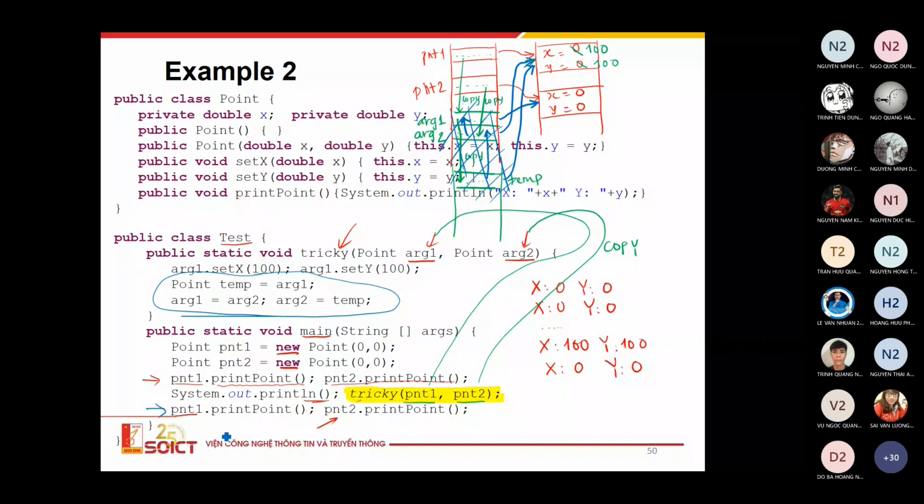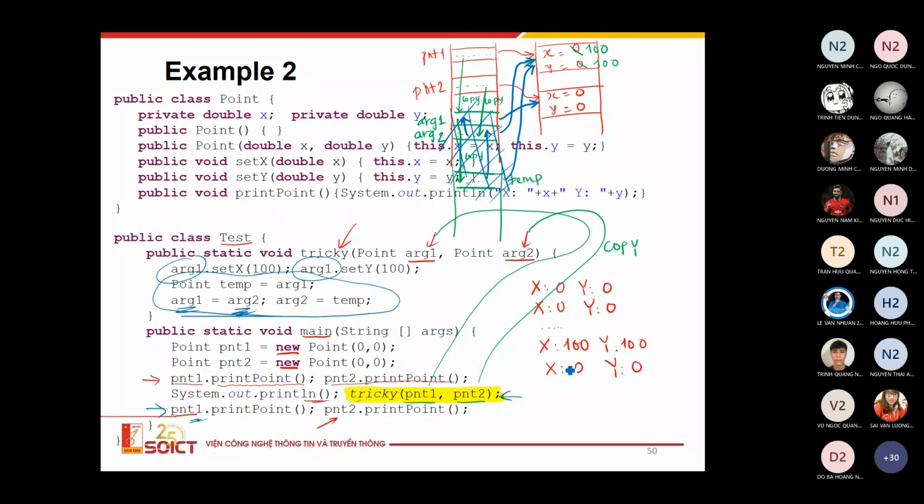Thế nhưng tại sao đến khi thoát khỏi cái phương thức này ra ngoài, tôi lại thấy rằng tôi cũng chả đổi chỗ gì hai cái đối tượng này cả nhé. PNT1 vẫn có giá trị là 100 đấy. Và PNT2 thì vẫn giữ giá trị là 0,0 nhé. Đấy, mặc dù chỗ này tôi cứ nghĩ là tôi sẽ đổi chỗ cái ARG1 cho ARG2.